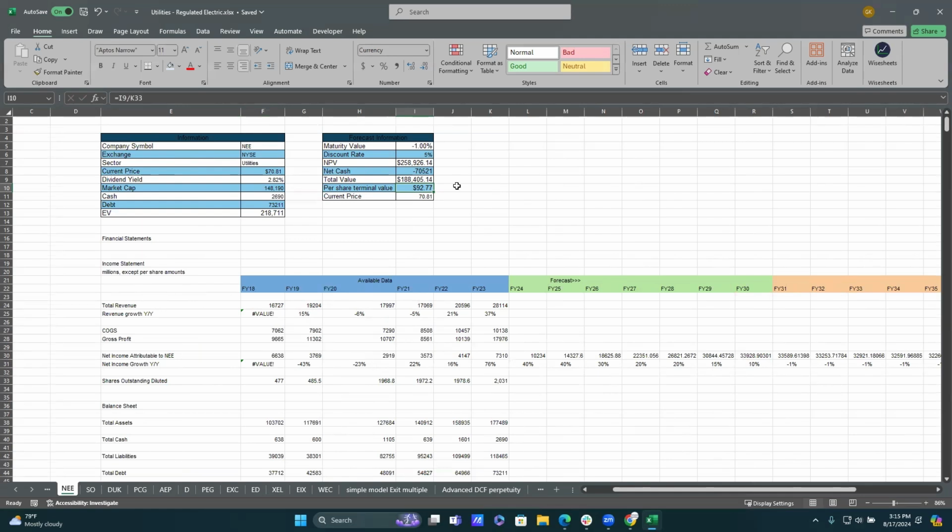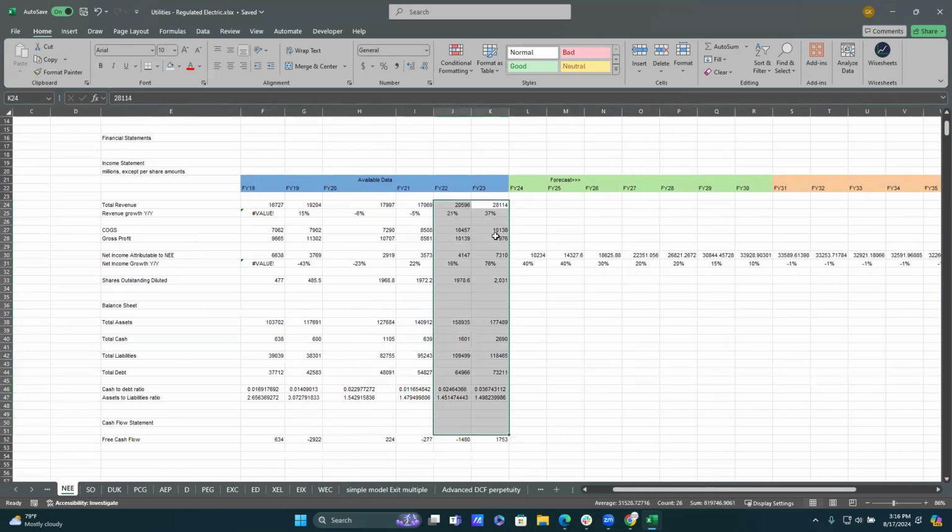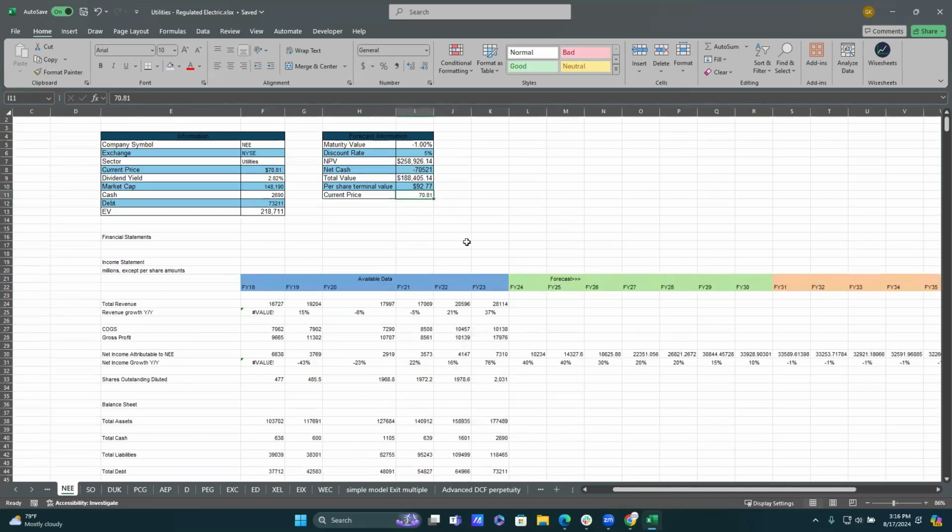That's what I think the fair value of the stock should actually be, not the $70.81. That just shows how you can use the model to very quickly estimate a forecast for the stock price. Remember, we have all of this data, like we were doing with Barnes Group. I did the same thing here. I entered all that data, and then I got that value.